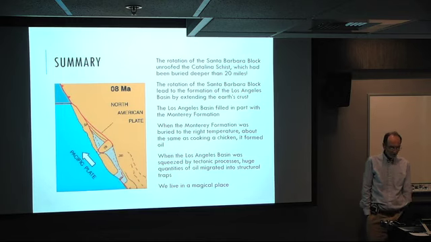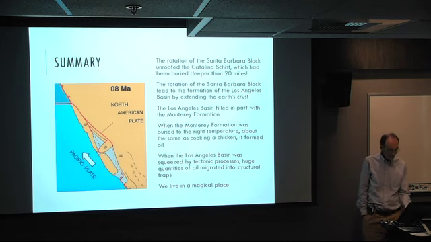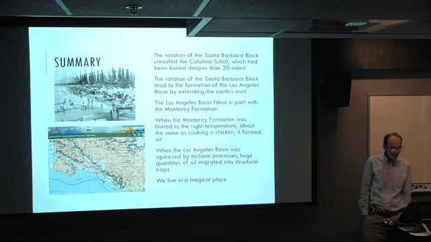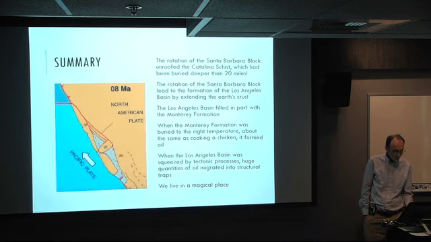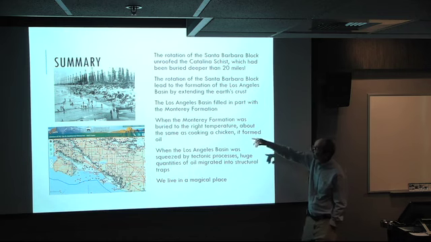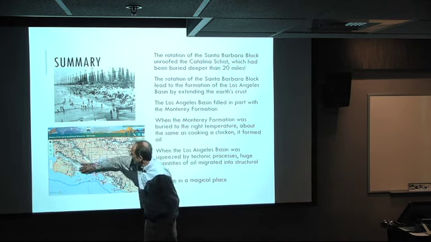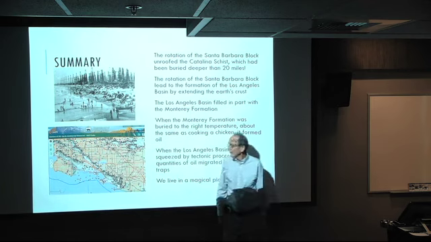When the Los Angeles Basin was squeezed by tectonic processes, huge quantities of oil migrated into structural traps, and we live in a magical place. Oh, and this just shows the oil wells at Huntington Beach, and look at the bazillion wells that we see in the area.